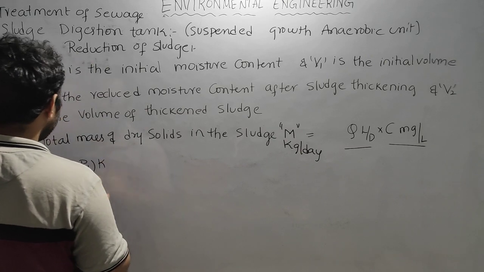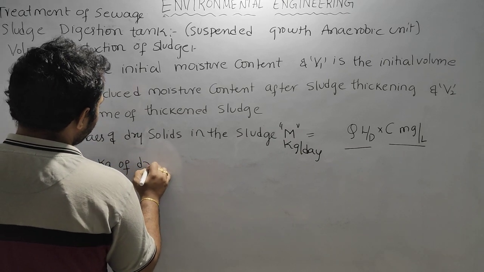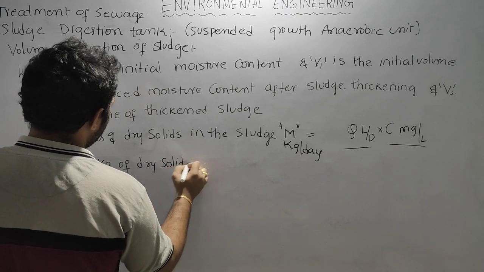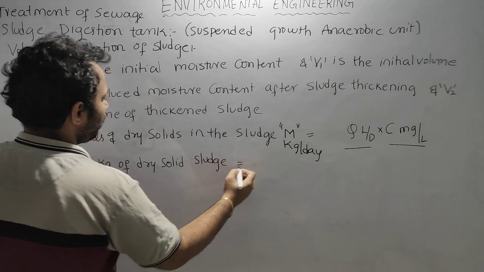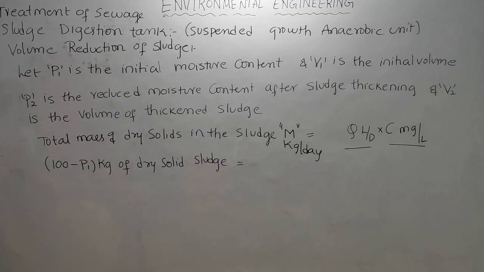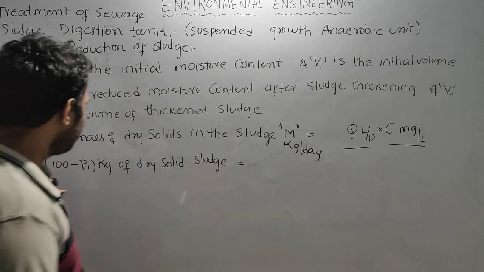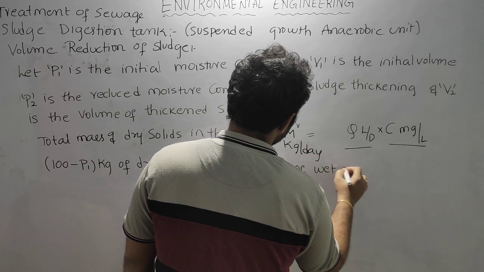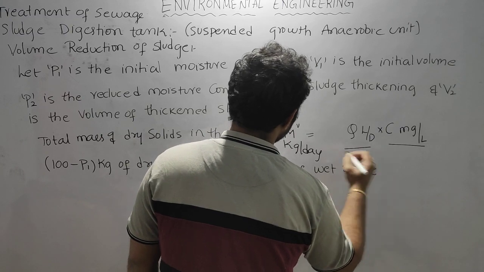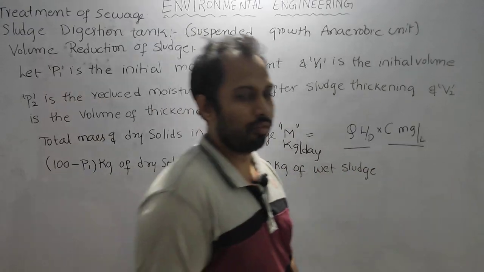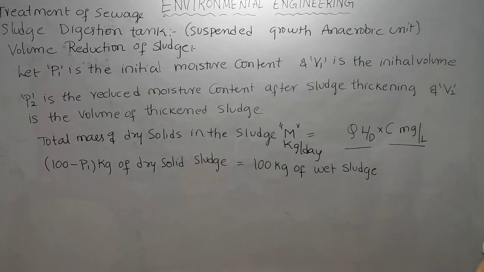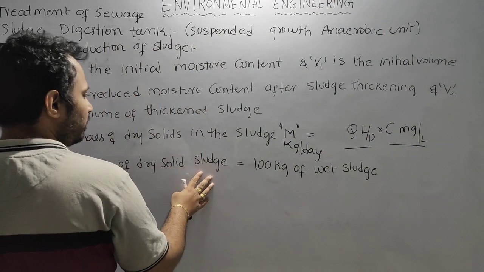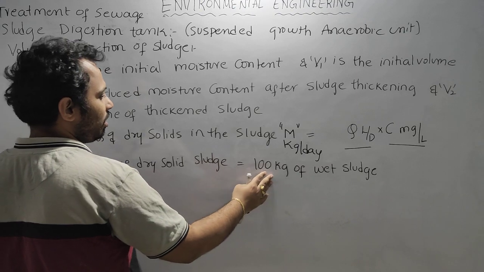So 100 minus P1 kg of dry solid sludge produces 100 kg of wet sludge.